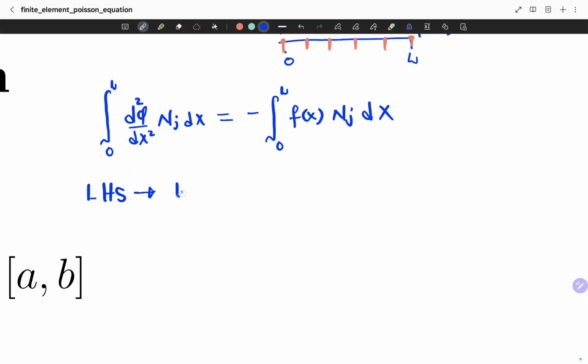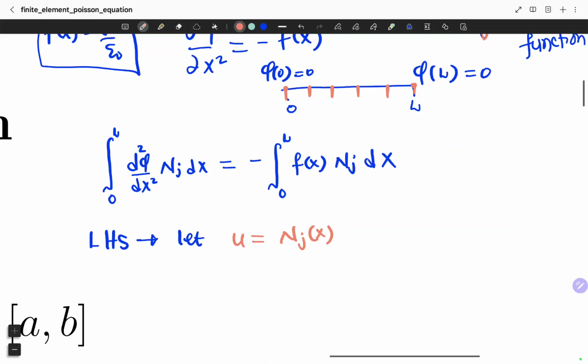So let u equals nj. So nj is also a function of x, right?